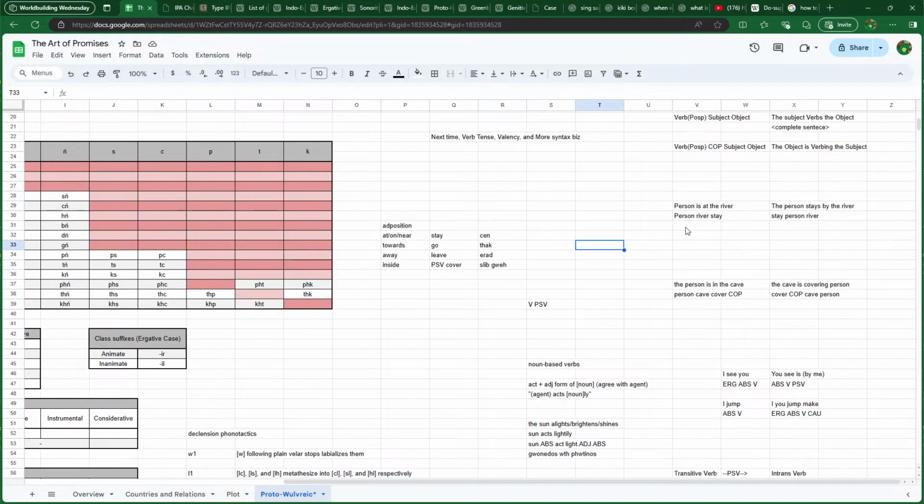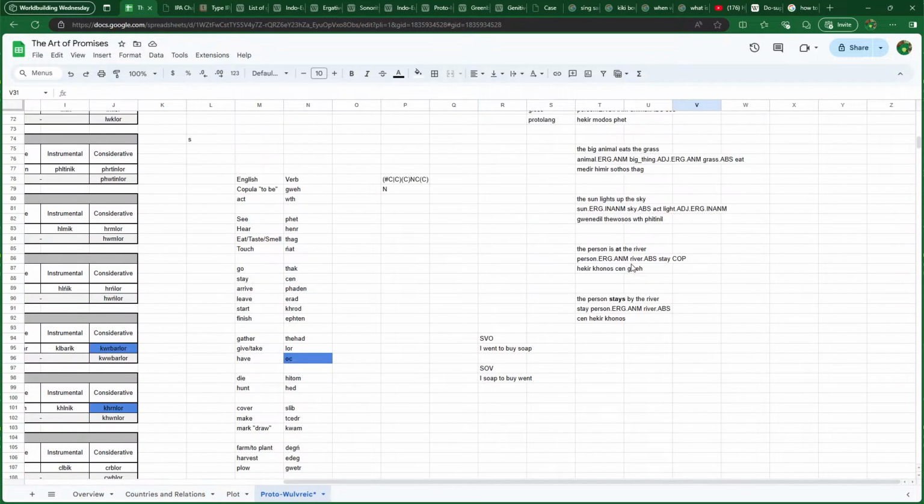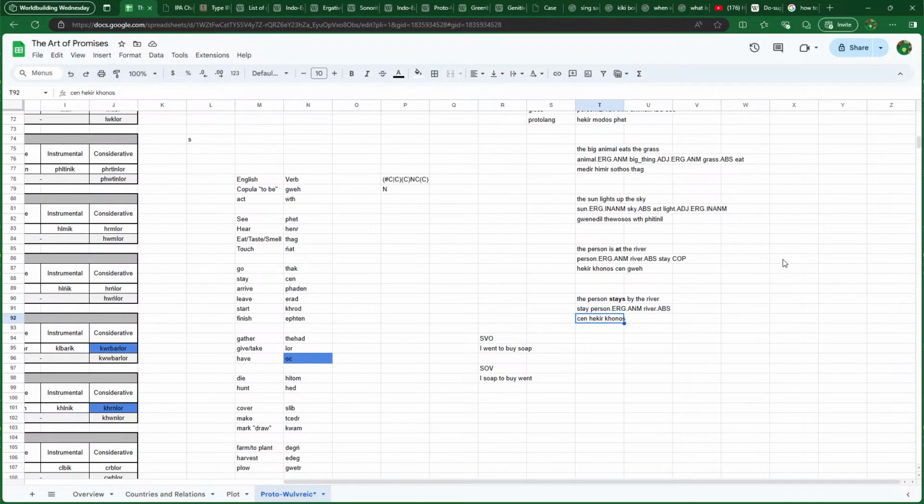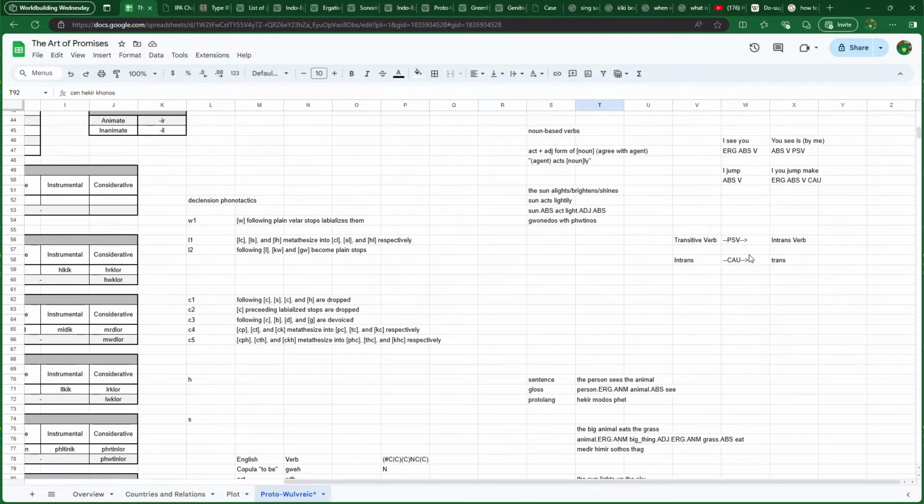So the person is at the river. We have that written down. Hekir konos shengue. And then the person stays by the river. Is shen hekir konos. But unfortunately, that's not really what that means, because stay is an intransitive verb.